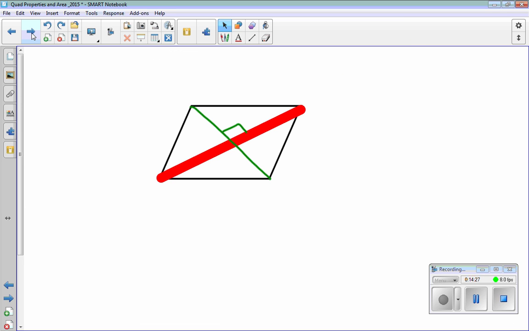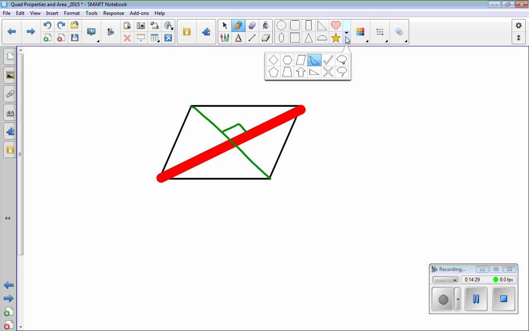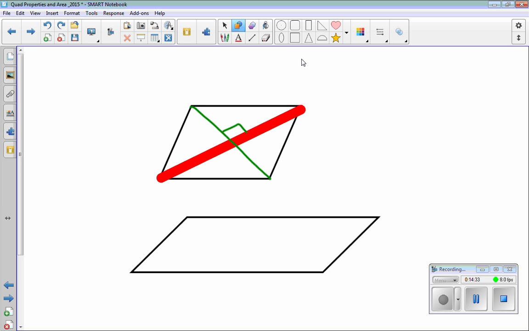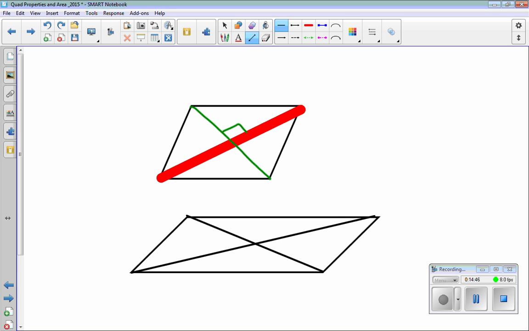Let me just draw a different one. Let's make it truly not a rhombus. Definitely not a rhombus, right? Parallelogram. All right, so let me draw in the diagonals for a minute. We definitely know that's the short diagonal. This would be the long diagonal. Pretend like it goes to the corner like it's supposed to. There we go.